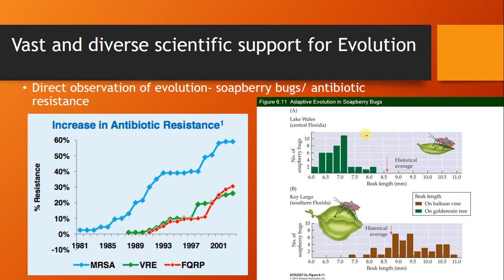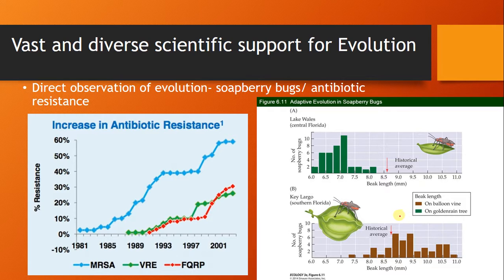In Florida, we can see the evolution of the soapberry bug. So, the soapberry bug feeds on a plant that has a large fruit, the balloon plant.